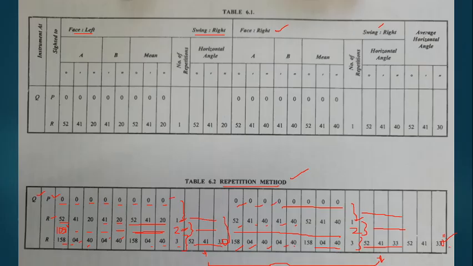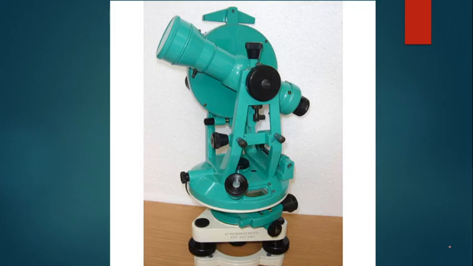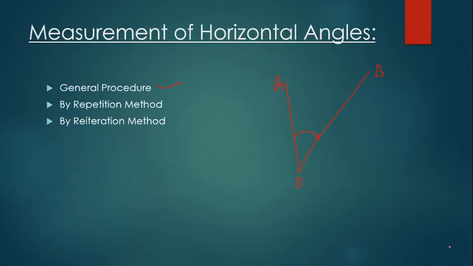Okay, so I think with this we can conclude the session for today. Let us just revise our class. Today we have revised a previous topic, and we have also completed the general procedure of measuring horizontal angle.